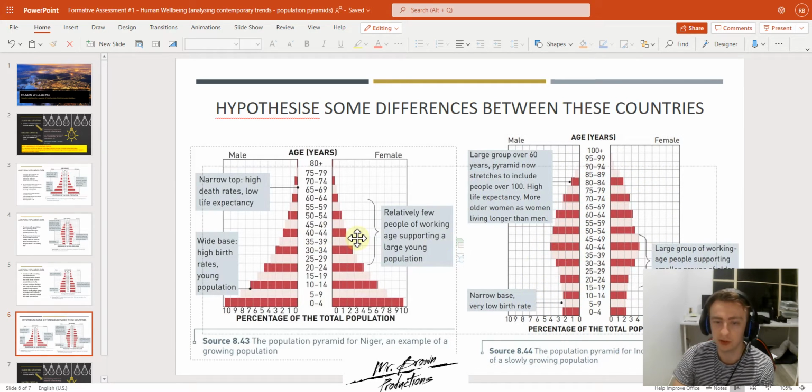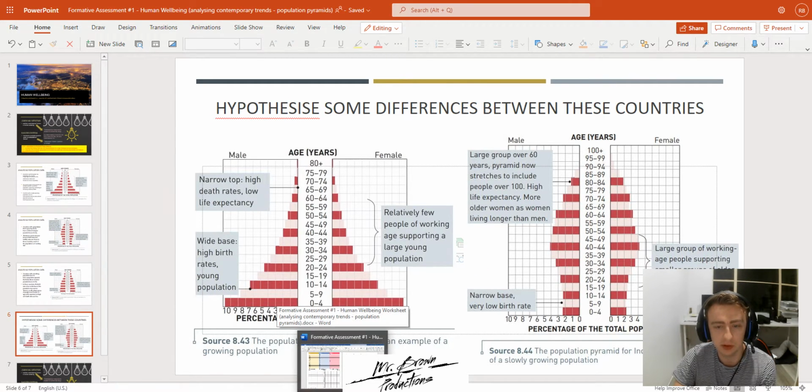So to hypothesize some differences there, even in very general vague terms with human well-being, you might say that Indonesia has better healthcare facilities because their life expectancy is much higher than Niger. You might also say that they've got a higher economy because there's more people that are middle-aged that are working, as opposed to here where you can see that tapering off. So there's lots of different bits of trends or data that you can analyze from looking at two different population pyramids. Again, they're speculating a lot.